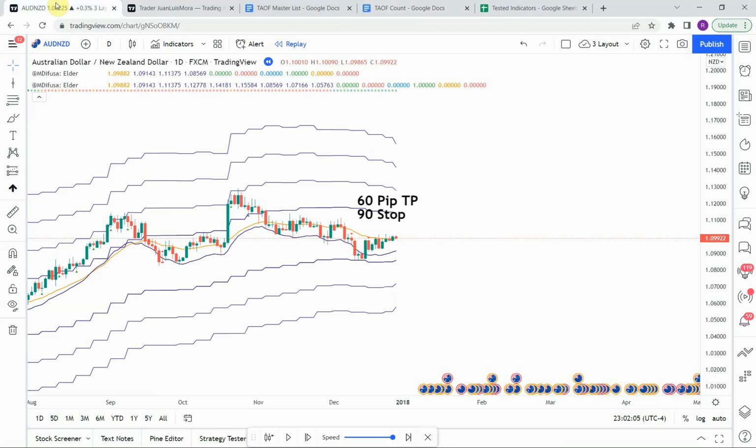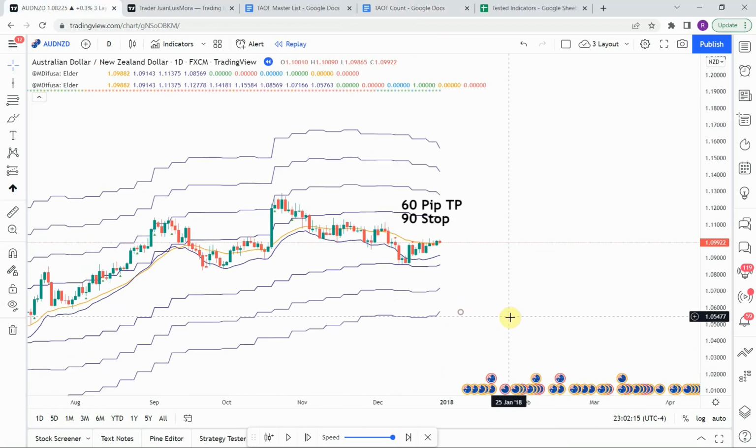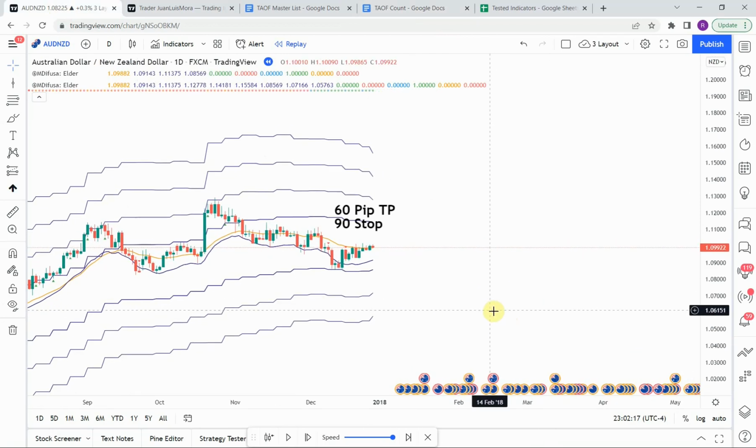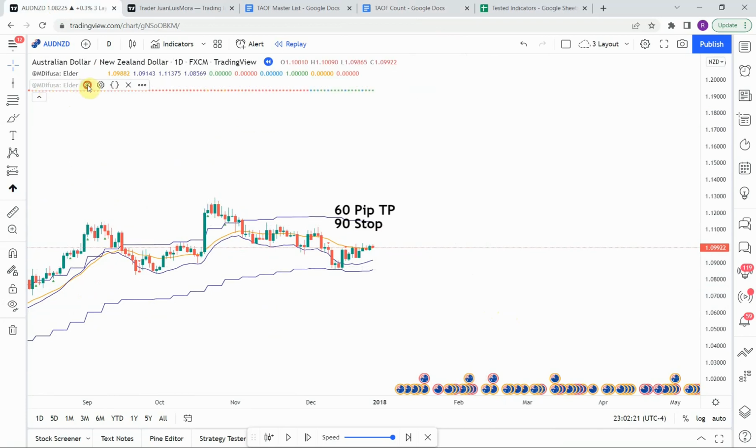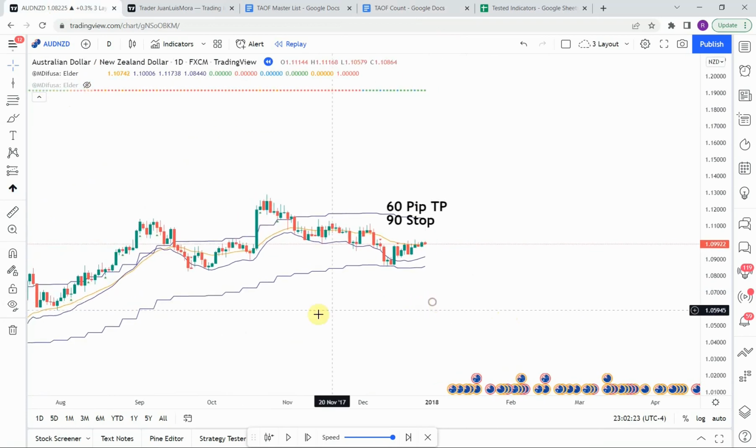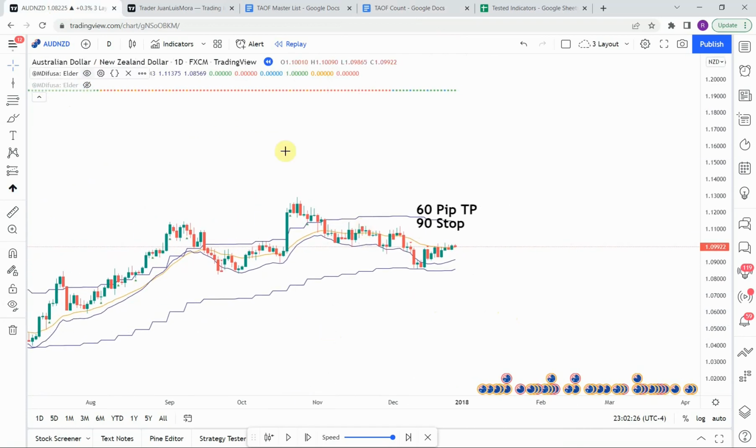Alright, so today's indicator is the Elder, EMA, ATR, and MACD indicator. And you can see it here on screen. There's actually quite a bit going on with this particular indicator, but I am going to simplify it just a tad bit. So we have these dots across the top here that go from orange and red to blue and green.